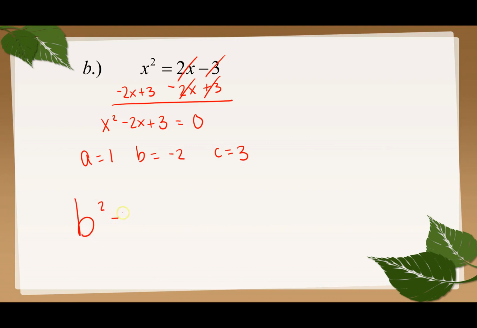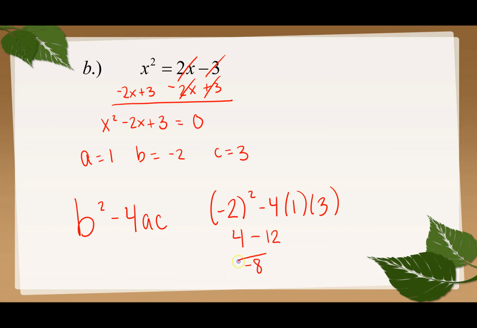So we're doing b squared minus 4ac, which hopefully you have memorized by now. So this gives me negative 2 squared minus 4 times 1 times 3. So that's going to give me 4 minus 12, which gives me negative 8. Negative 8 is less than 0. So we're talking about a negative discriminant.